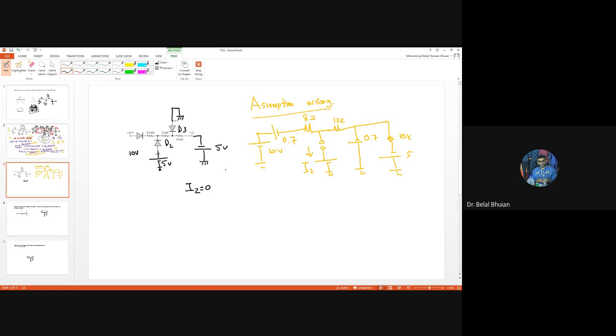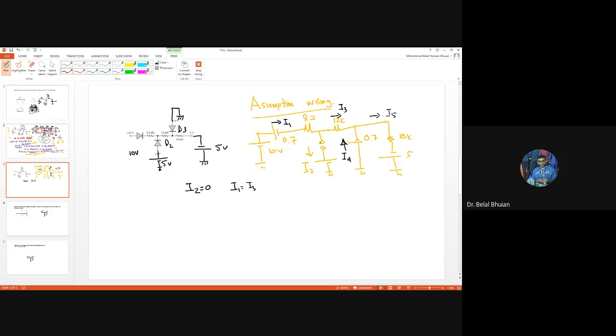And then we have I1, I2, and this is I3. What does that mean? Sir, I1 equals I3. And this is our I4, and this is our I5. So that you can solve it. I'm not going to solve it. That's the thing after redrawing the circuit.